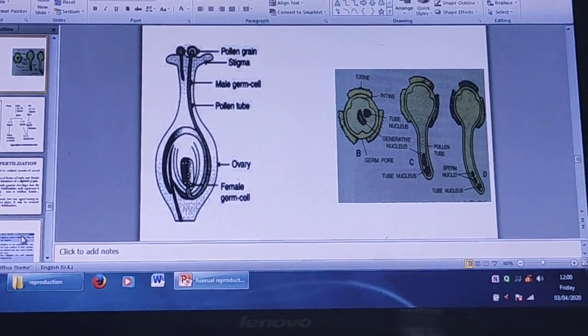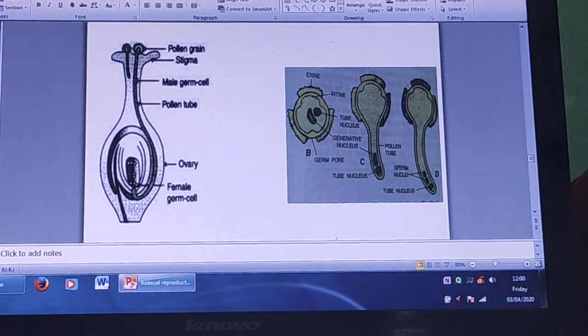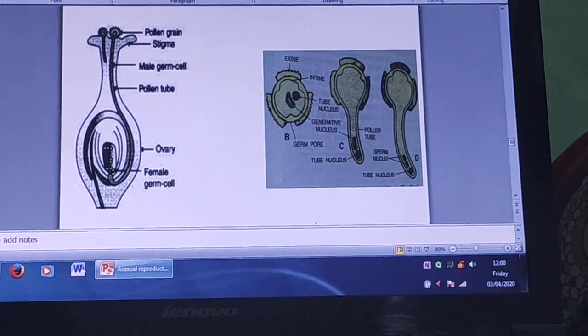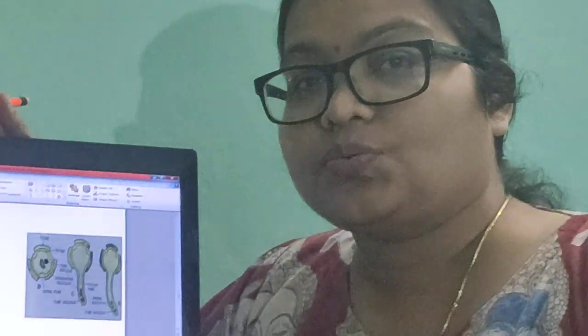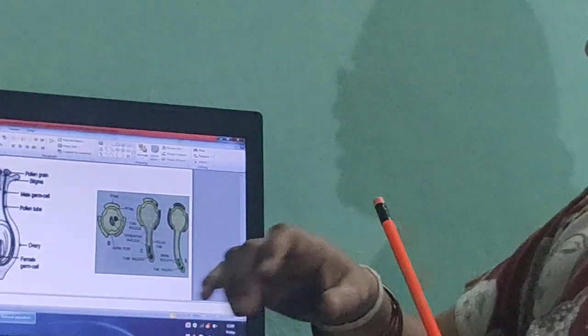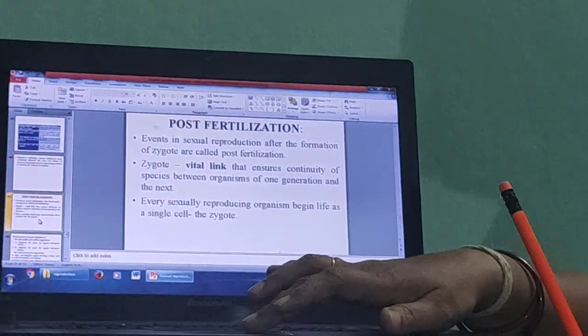Clear? So this way pollination takes place, followed by the transfer of the male gamete to the egg in the case of angiosperms. So now I think you are all very clear about this process.